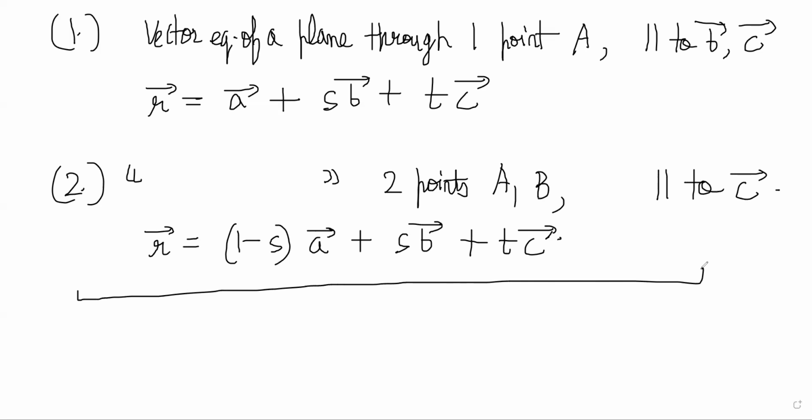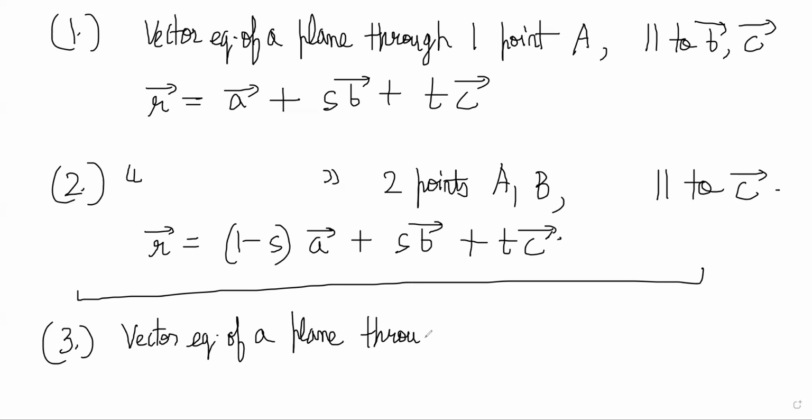And now the third case that I will see is vector equation of a plane through 3 points A, B, and C, right? So let's see what the equation comes out to be in this case.